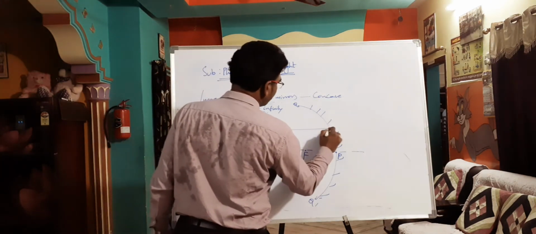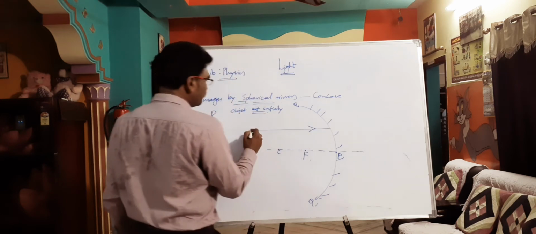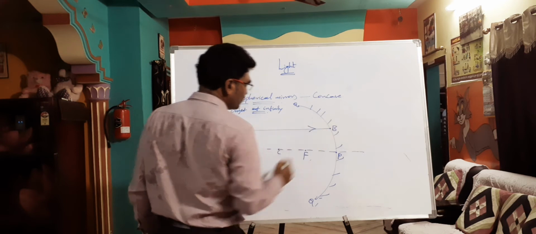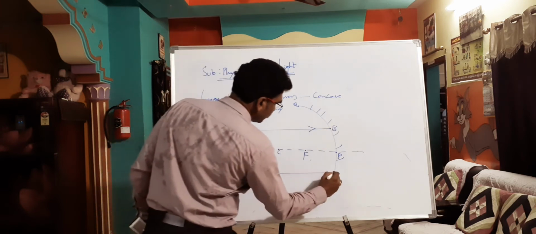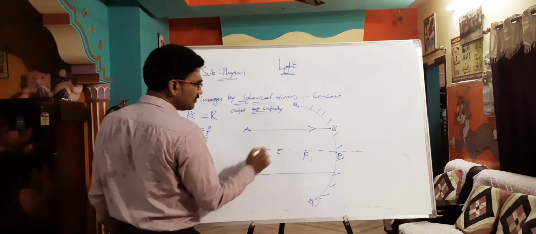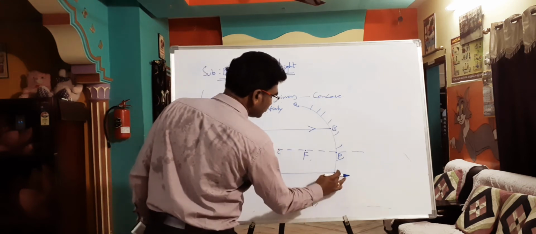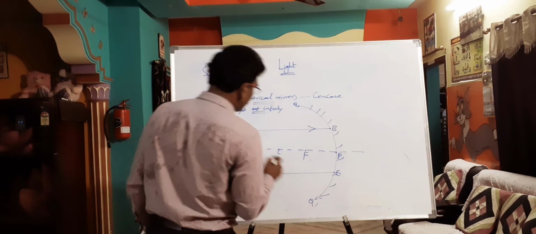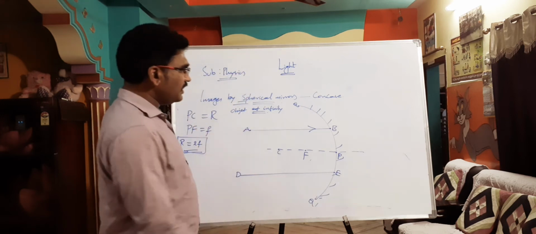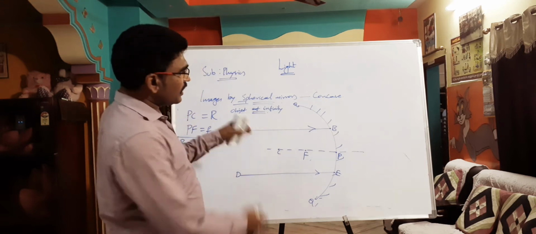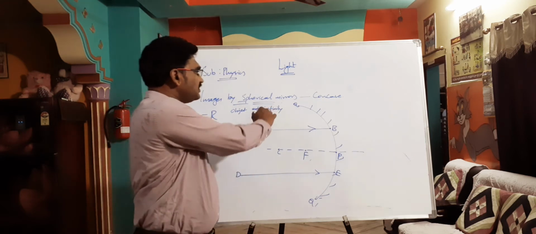Now one incident ray I have taken here, let me take this incident ray as AB. AB is one incident ray. Another incident ray I have taken is DE. AB is one incident ray and DE is another incident ray. Now they are parallel. Here the object is at infinity.